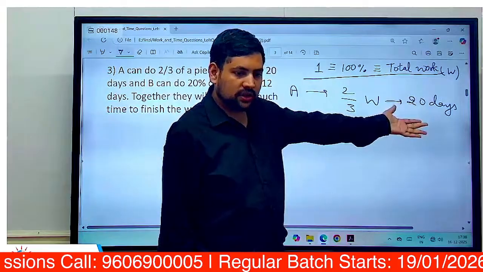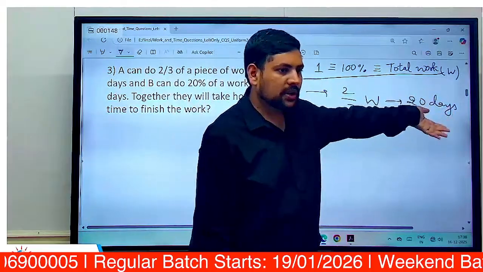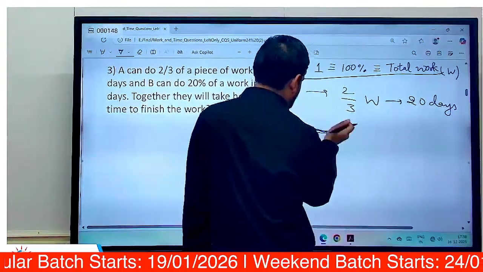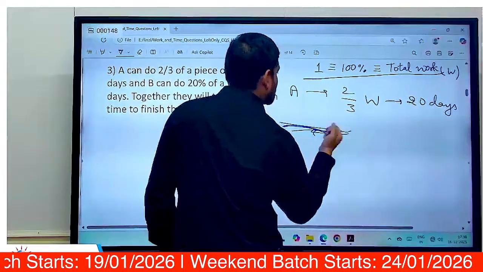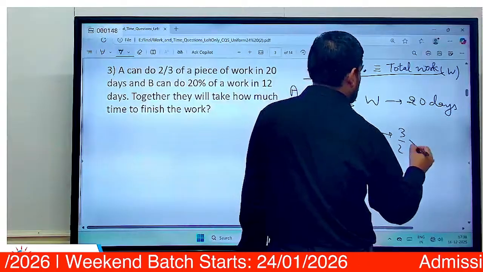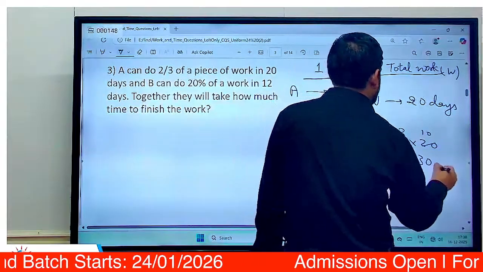What will it become? 3 by 2. Correct. On that side, it will become multiplication of 3 by 2. So W is equal to 3 by 2 into 20. 1 time, 10 time, what you get? 30 days.